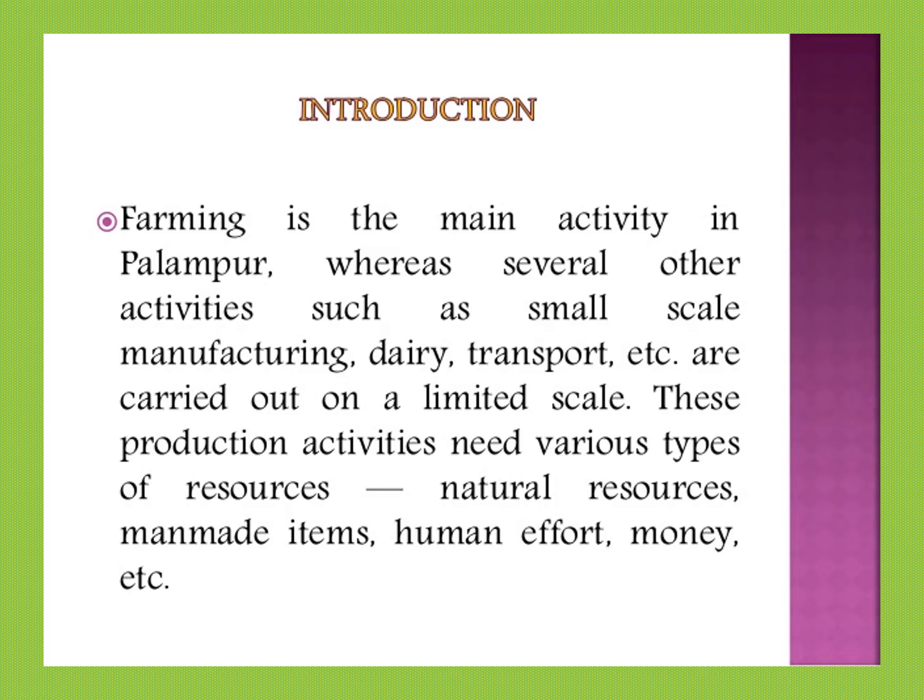And there are several other activities like small-scale manufacturing, dairy, and transport, and they are carried out on a limited scale. These production activities need various types of resources: natural resources, man-made items, human effort, money, etc.